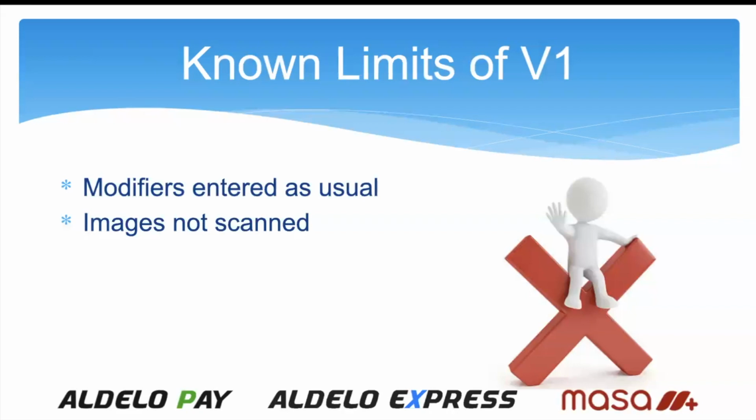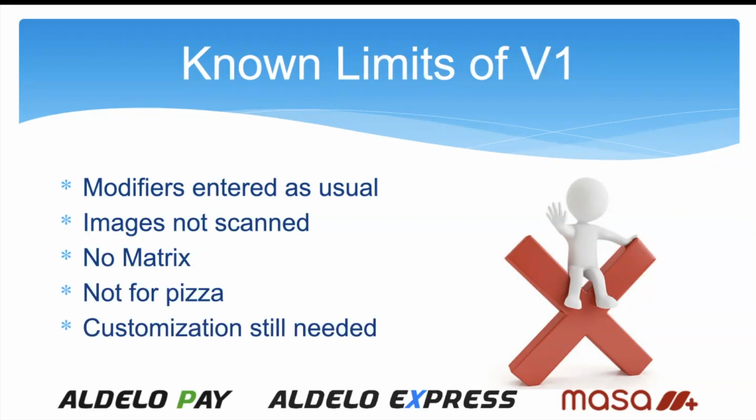You can add images to each item in the process, but the images are not drawn in from the menu itself. There's no matrix, and therefore there's no pizza as far as this goes. And then the customization is still needed. We understand you'll have to finish the menu and do some customizations, but the vast majority of the work is done for you by the AI. It is also still iPad only.